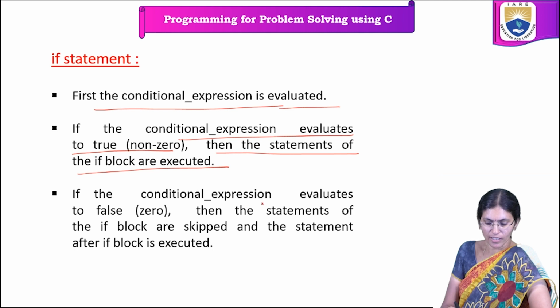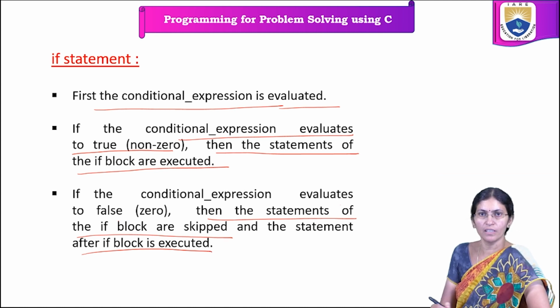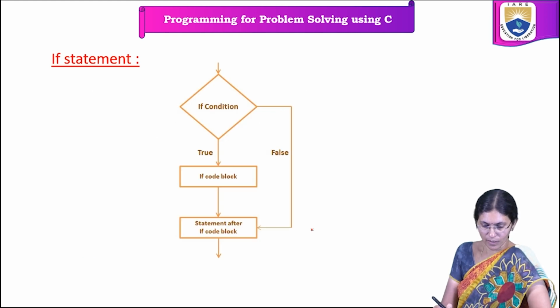In these statements, we can write whatever is to be printed. Then if the conditional expression evaluates to false, what happens? Then the statements of the if block are skipped and the statement after the if block is executed. The control is automatically transferred out of the if block. This is how the control flows in an if statement.